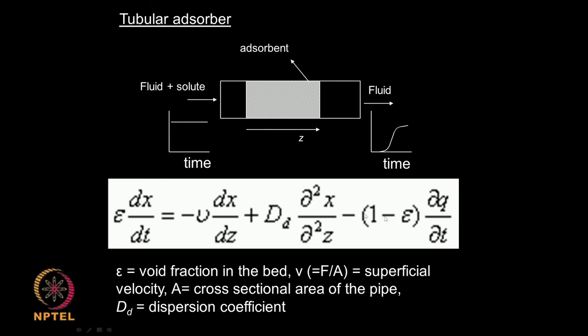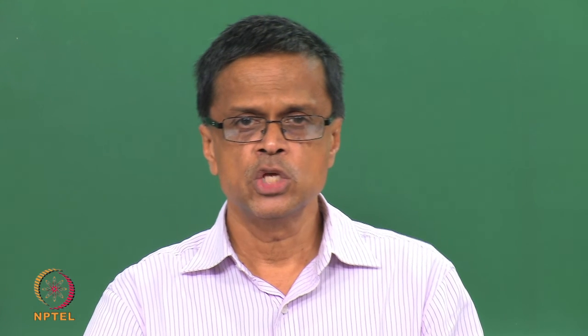This is a partial differential equation where we have time, and Z is the distance along this length. So the concentration of the solute x varies as a function of length as well as time.